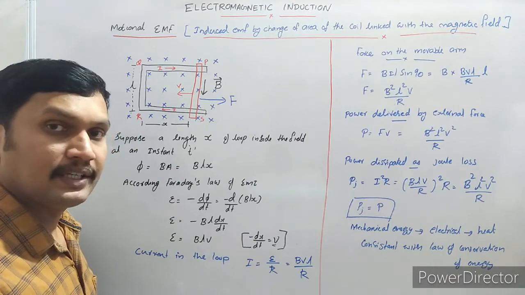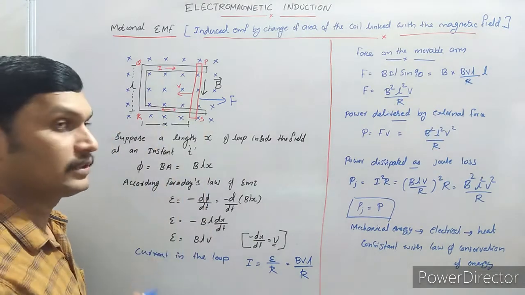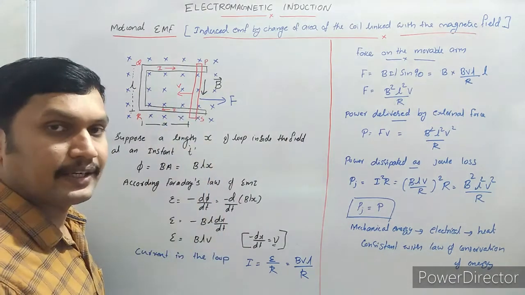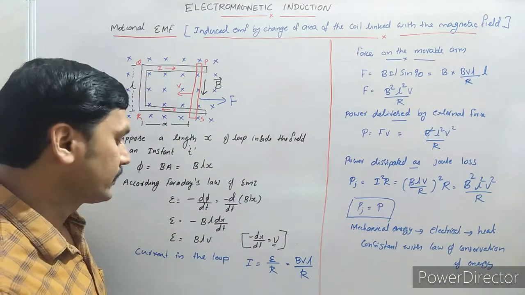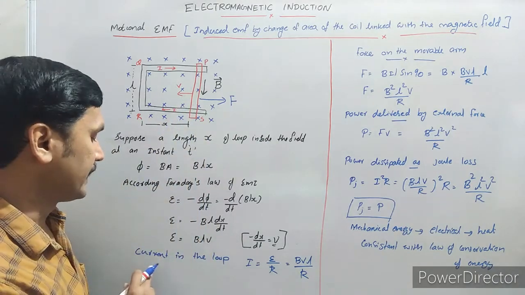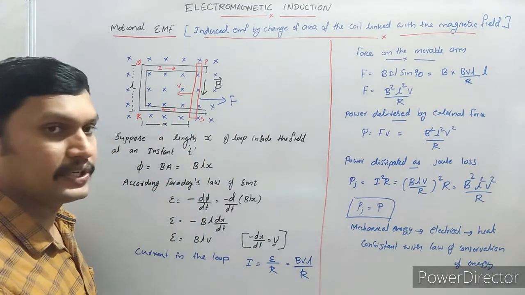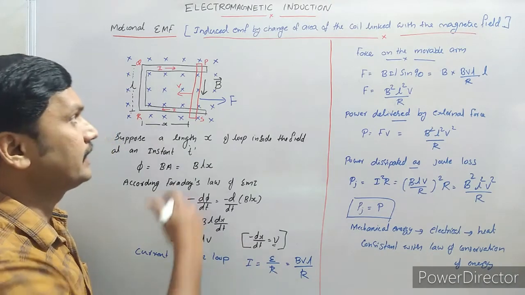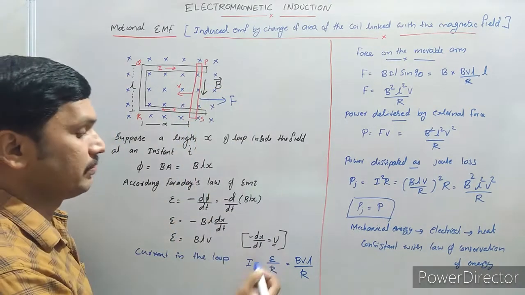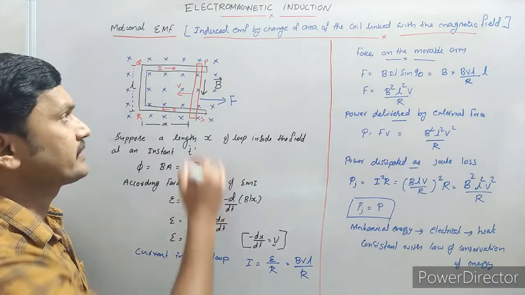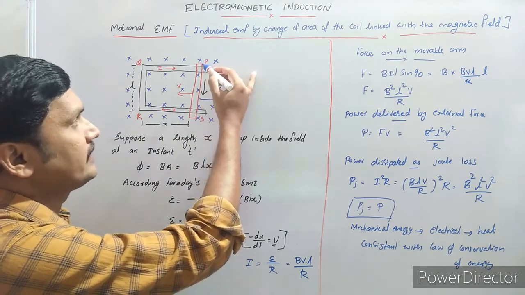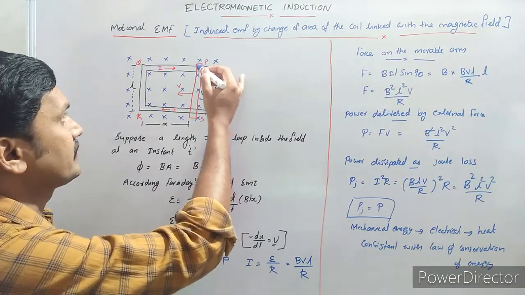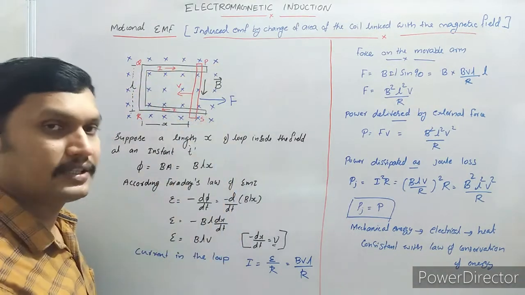Now let us find the magnitude of current through this conductor. We already saw the direction of current by Fleming's right hand rule. Now let us see the magnitude of current. The current in this loop is I equal to E by R. Suppose R is the resistance of this conductor PS, and I already told that this rail has negligible resistance.